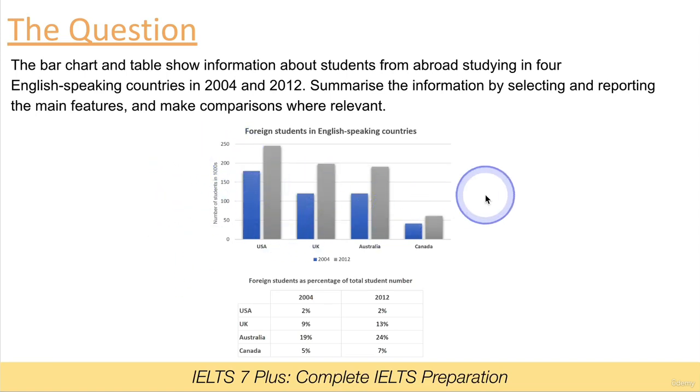Okay. So then down in the chart, we've got the foreign students as percentage of total student number. Okay, so we have their actual numbers here, and then we've got their percentages of the total. Interesting. Okay.